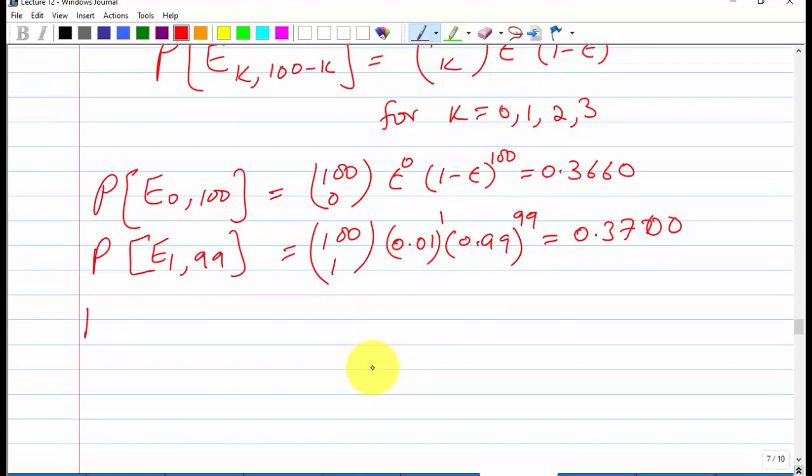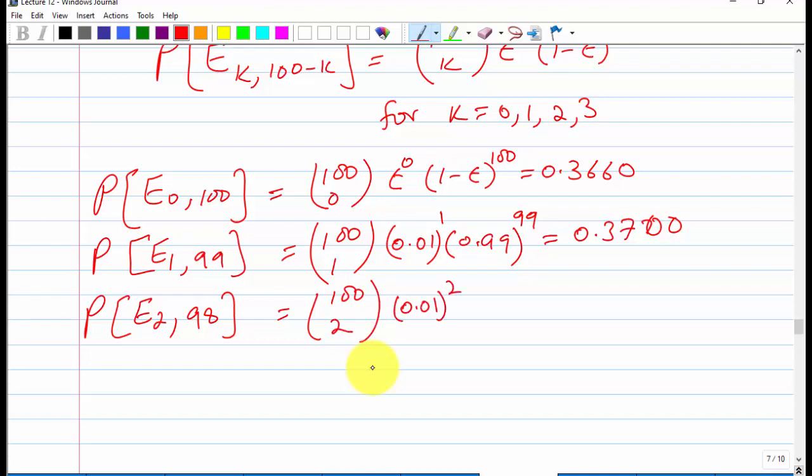Similarly, we can do it for E_2. I will suggest doing these calculations properly so that you can have some good hands-on experience. So 100 choose 2, times 0.01 to the power 2, times 0.99 to the power 98.